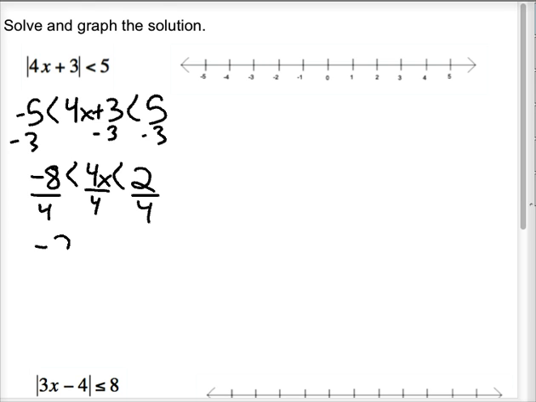So, I get -2. The x is by itself, that cancels. 2 over 4 is the same thing as 1/2 or 0.5. So what this is telling me is I have -2, I have 1/2, and again, my absolute value is a less than, so I'm scrunched in between there. I'm scrunched on the inside.